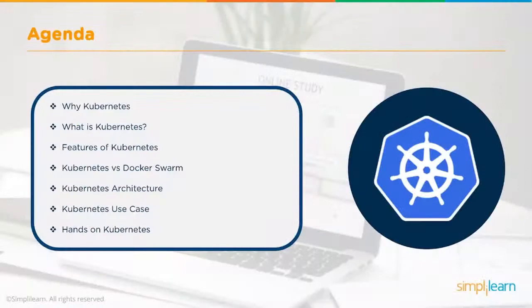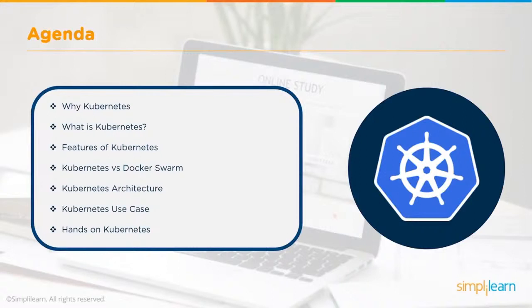So we're going to go through a bunch of things today around Kubernetes. We're going to cover what Kubernetes is and why you should be using it, along with the features of Kubernetes. We're also going to take a look at Kubernetes versus Docker Swarm, as the two technologies do tend to get referred to quite frequently. And then we're going to do a deep dive into the actual Kubernetes architecture itself and how Kubernetes runs and operates within your network.